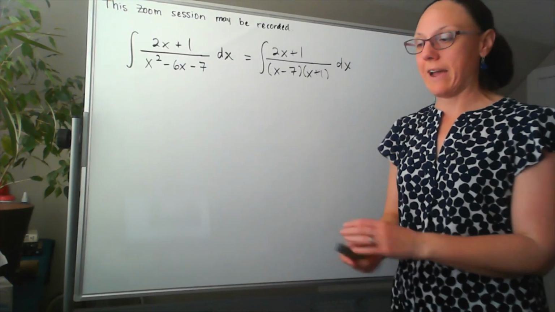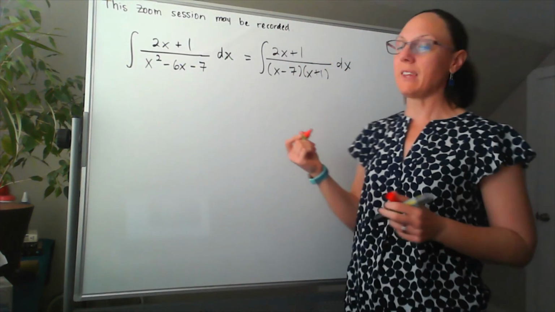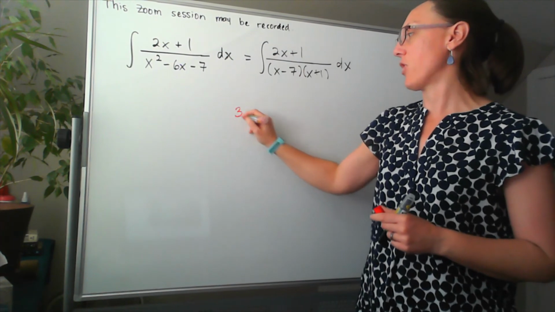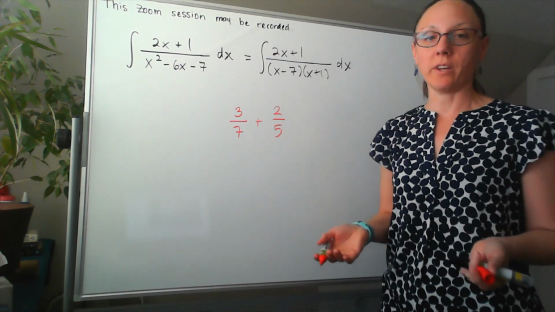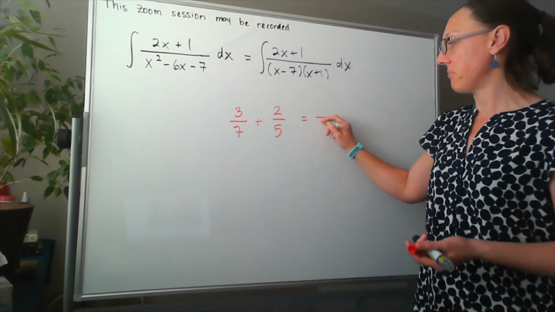Thinking back to algebra, what's happening with partial fractions is a little bit like we're saying, if I had 3 over 7 and I was adding that to 2/5, we know that we'd need to get a common denominator, and that common denominator would be 35.